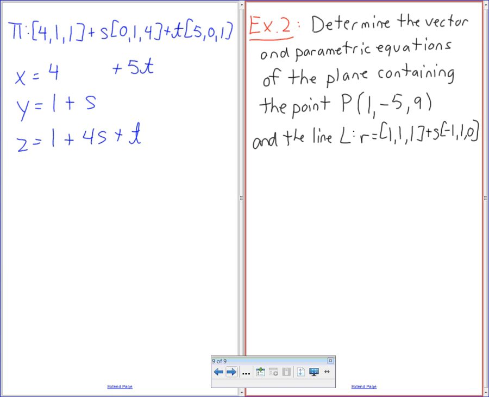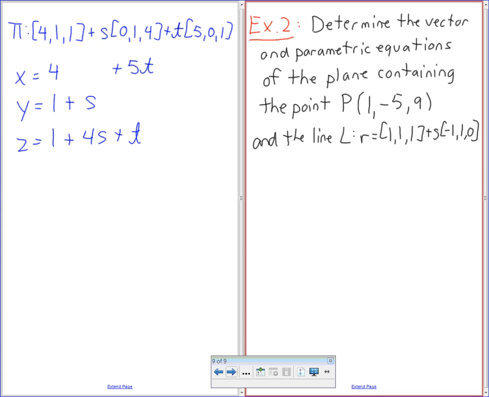The other way to look at it is you can use 3 points. If we know this line is on the plane, any 2 points on this line are also on the plane. So using this first point and the second point, you make one direction vector. Then this point and the other point on the line make a second direction vector. And you have your starting point with the 2 direction vectors.